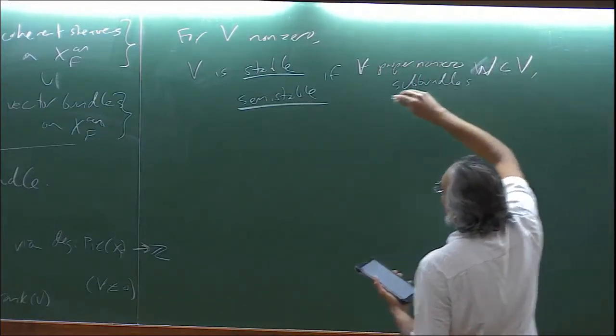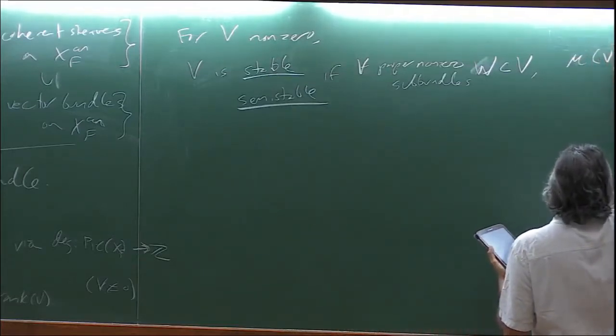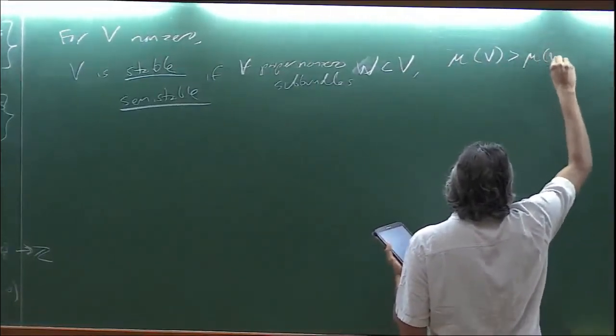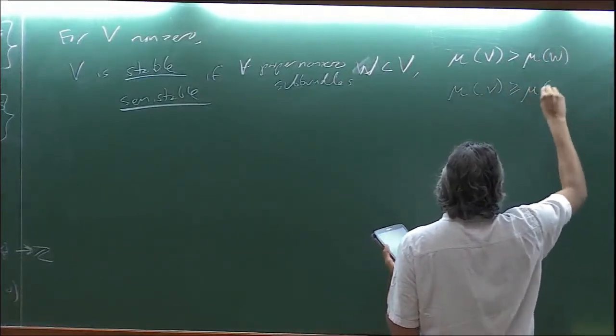So stable is going to be characterized by the property that the slope of V is strictly bigger than any of these subbundles, and semi-stable is the boundary case being allowed.